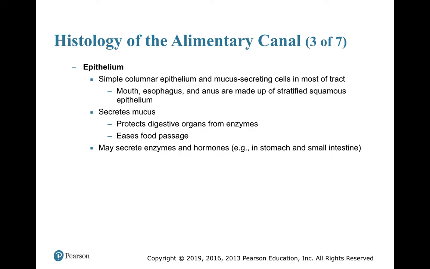It secretes mucus. Mucus protects the digestive organs themselves from the enzymes that are breaking down food, because our organs and food are made of the same things. It also helps to ease the passage of food. A lot of them secrete enzymes and hormones, particularly when we get to the stomach and the small intestines.